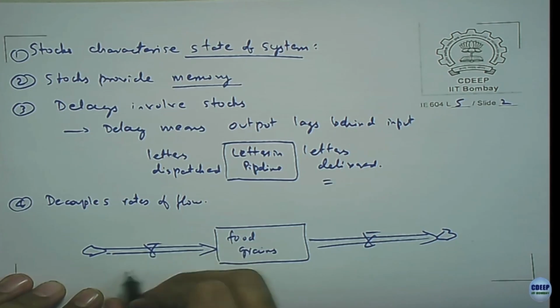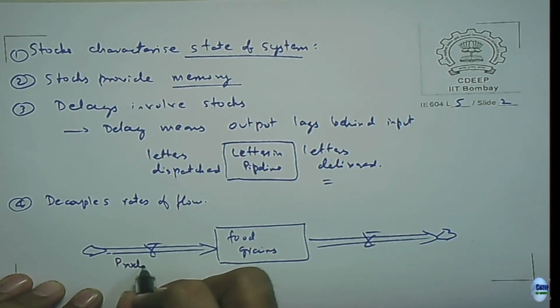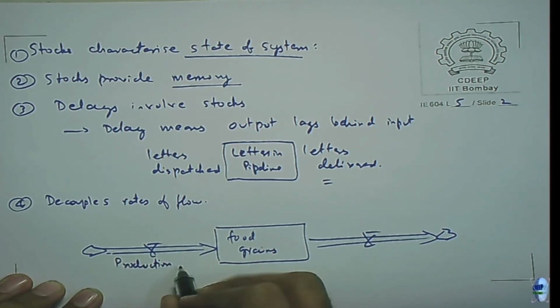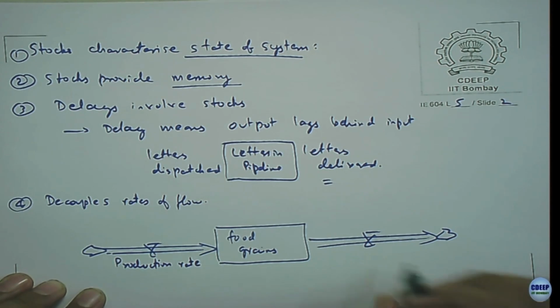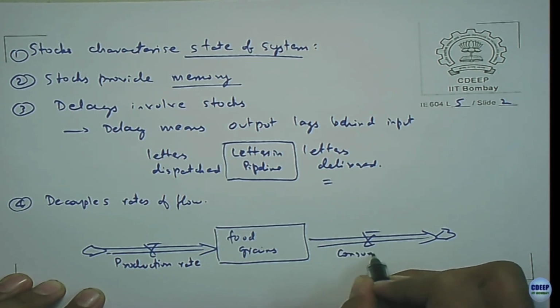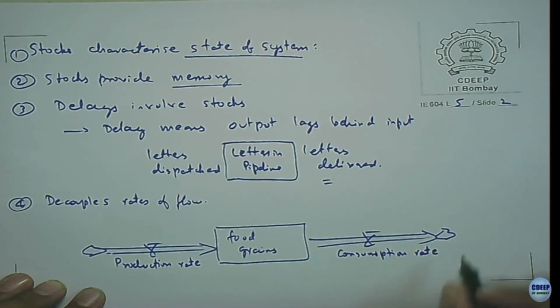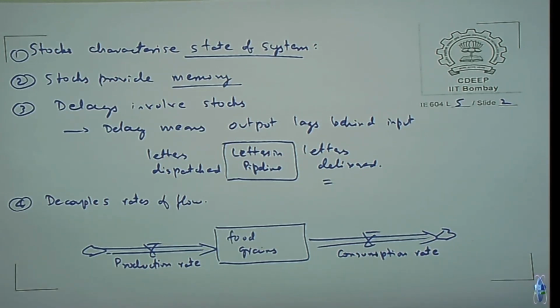Just simply, let us call it production rate and consumption rate. As the consumption rate changes, the food grains reduce. As the production rate increases, I get more food grains. If the production rate comes down, I get fewer food grains.